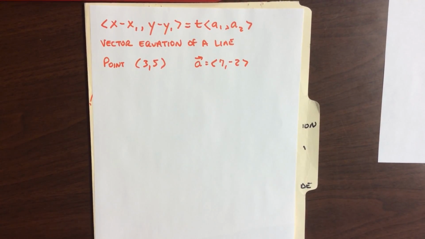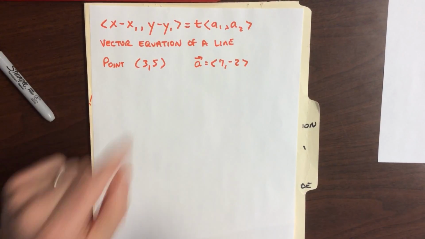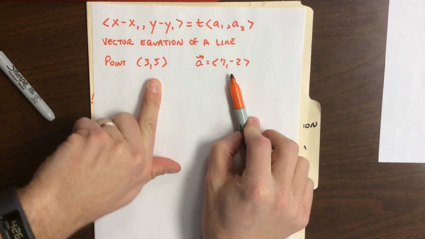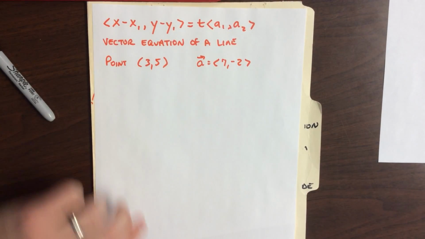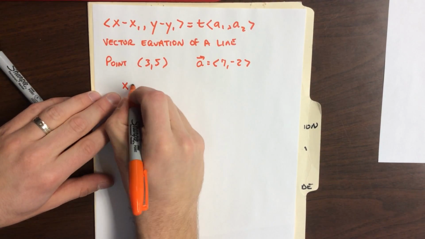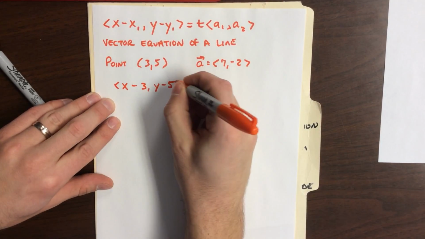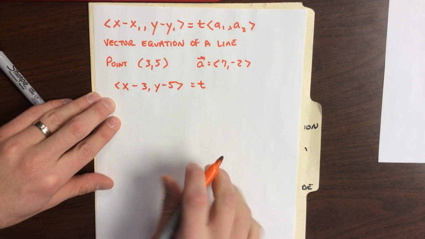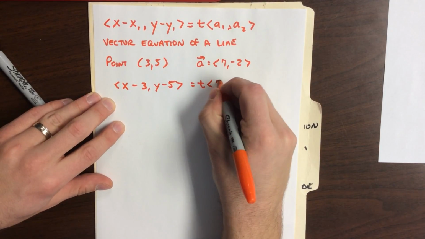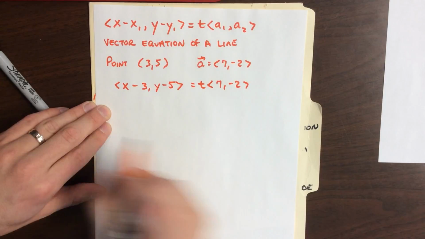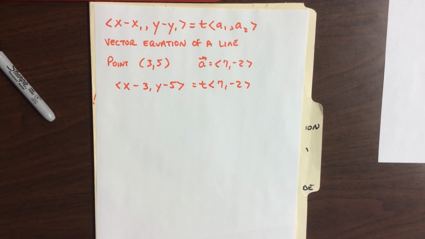If we want to write the equation of the line that passes through the point 3, 5 and is parallel to 7, negative 2, it's going to be x minus 3, y minus 5 equals t times 7, negative 2. Done. That's it. This is the vector equation of a line.